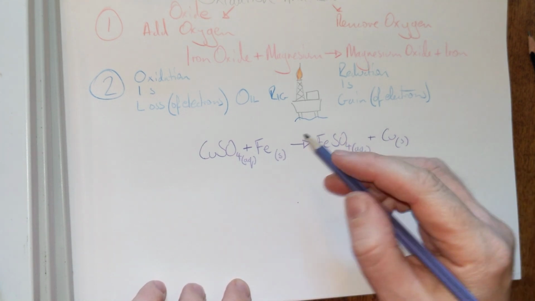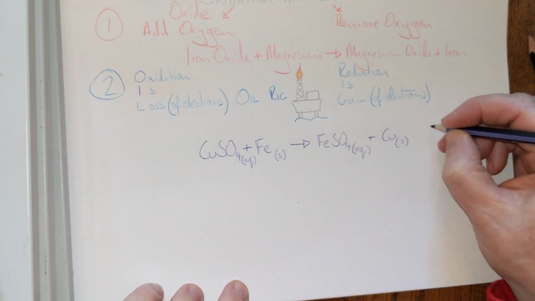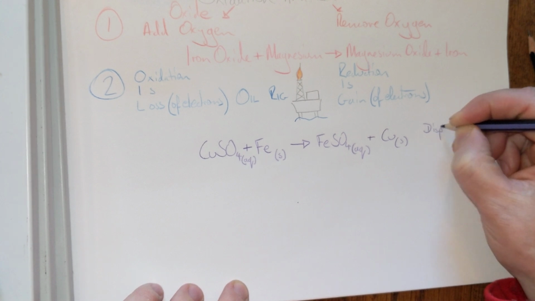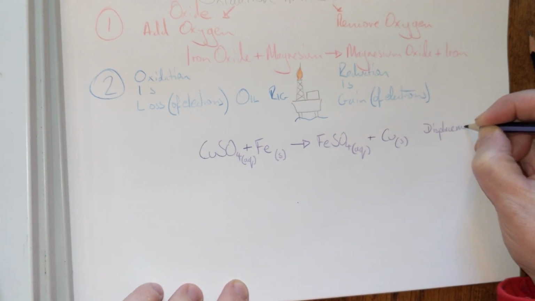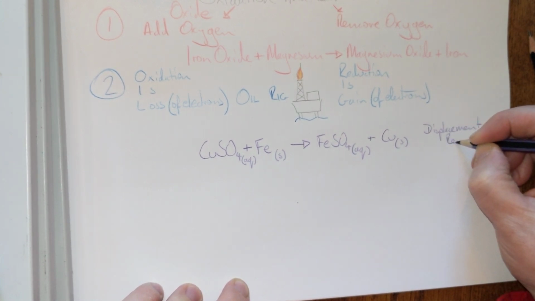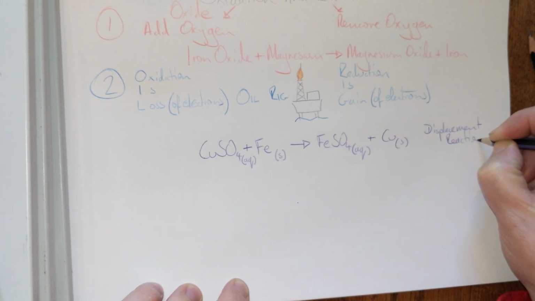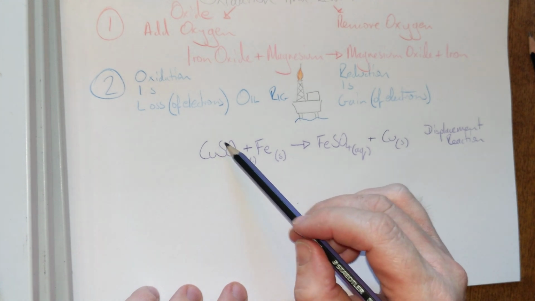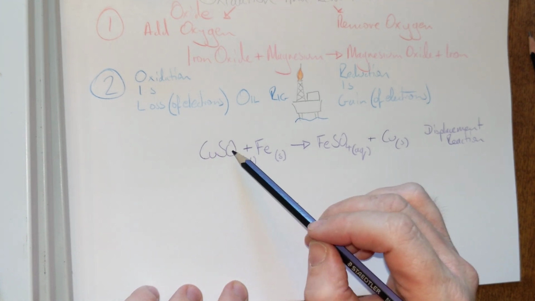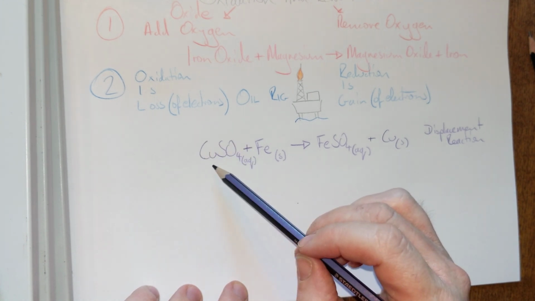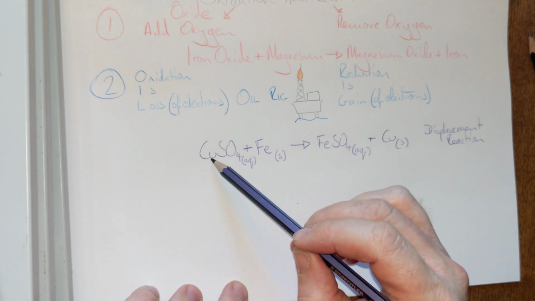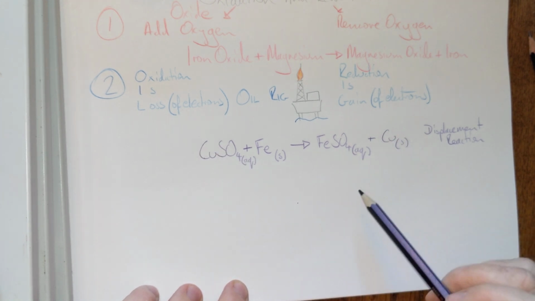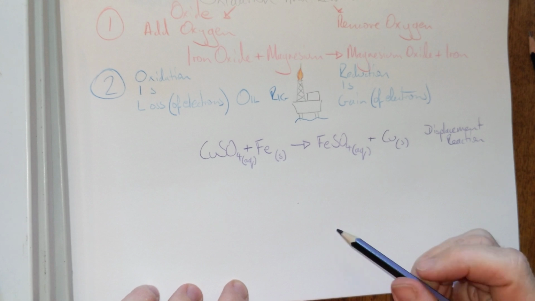So this, as again you'll see, is a displacement reaction. So you should be able to tell me exactly what a displacement reaction is. It's when we have a more reactive metal reacting with a metal salt, and the less reactive metal that's in the salt is kicked out and you form that solid, just like we showed you in the video yesterday.